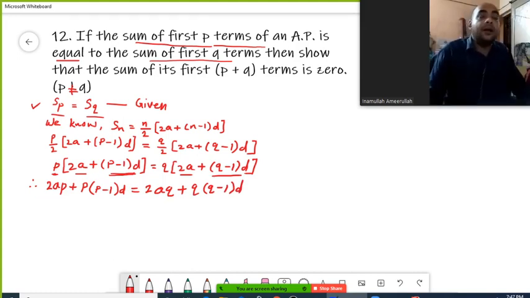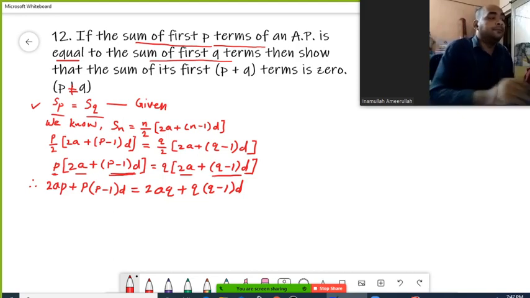Now after that, we can further simplify. This p can be multiplied with p as well as minus 1, and here we have d also. When you multiply p with d it becomes pd, and this pd will multiply with p as well as minus 1.